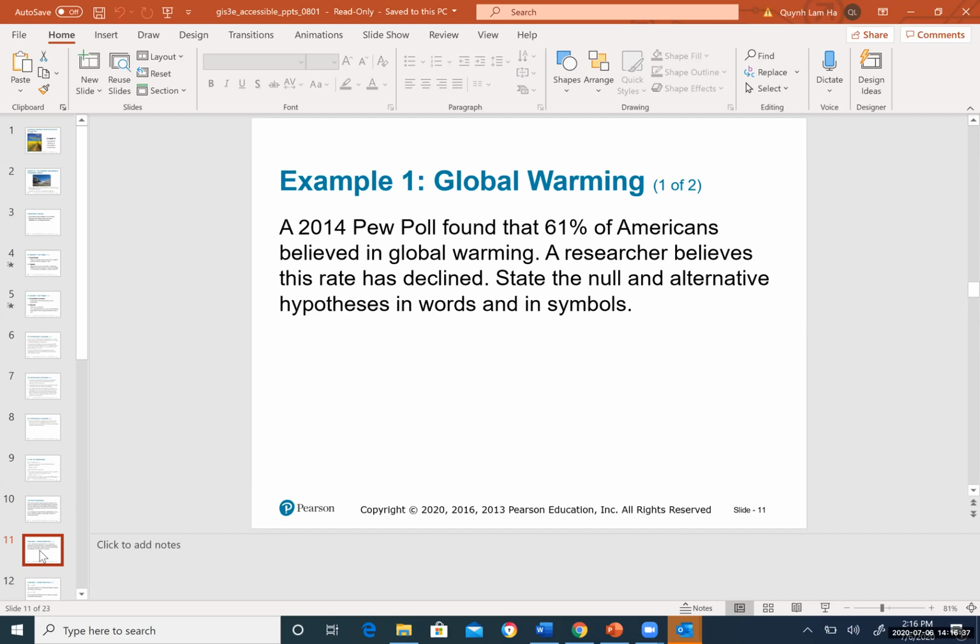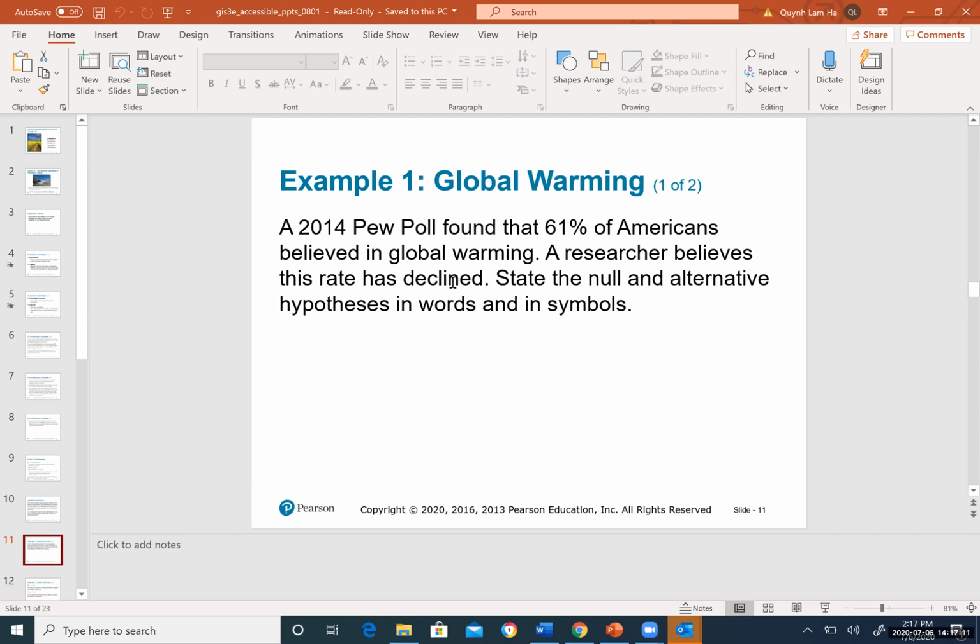They didn't actually tell you to write the whole complete hypothesis testing, but they just expect you to practice how to write the null hypothesis, which is H naught, and how to write HA in words or in symbols. As you can see, the null hypothesis will be the first sentence, and the alternate hypothesis will be the second sentence, from the researcher believes this rate has declined.